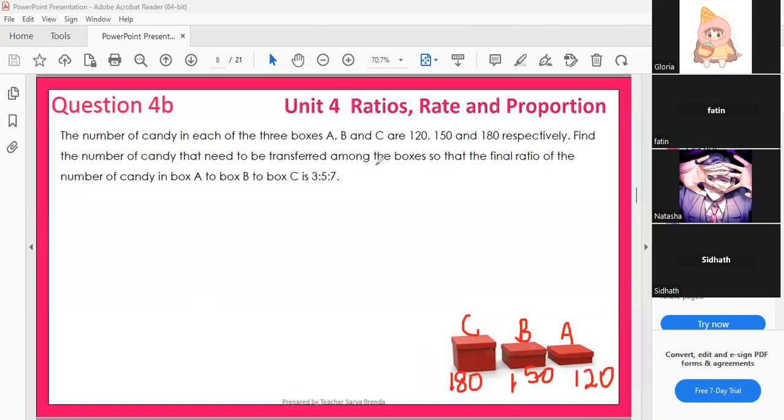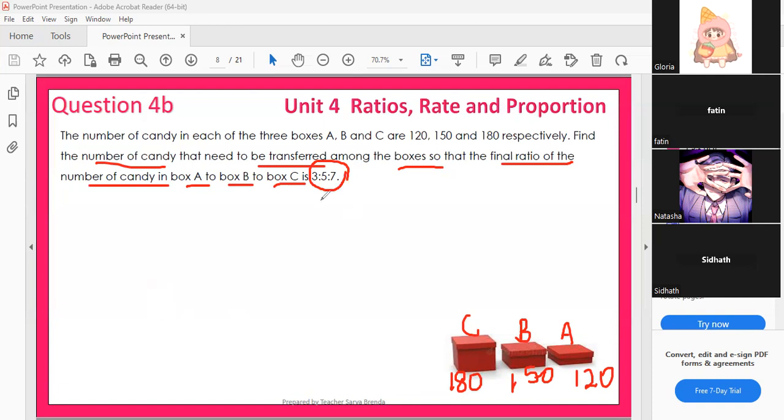So listen carefully. Find the number of candy that need to be transferred among these boxes so that the final ratio of the candy in box A to box B to box C is this.